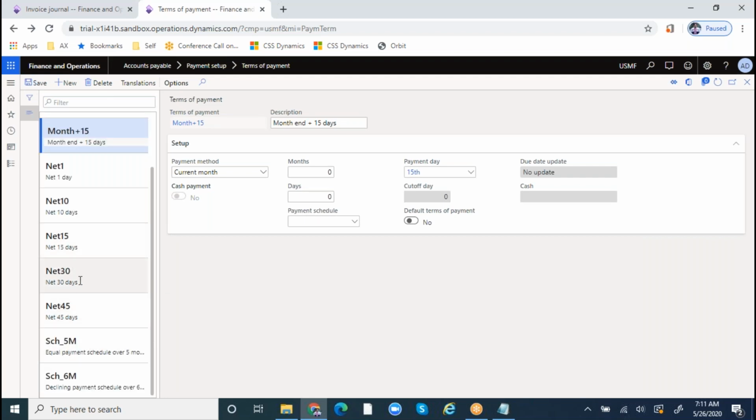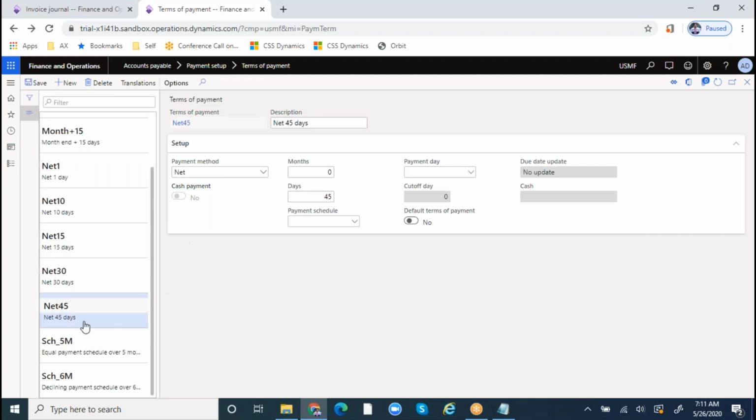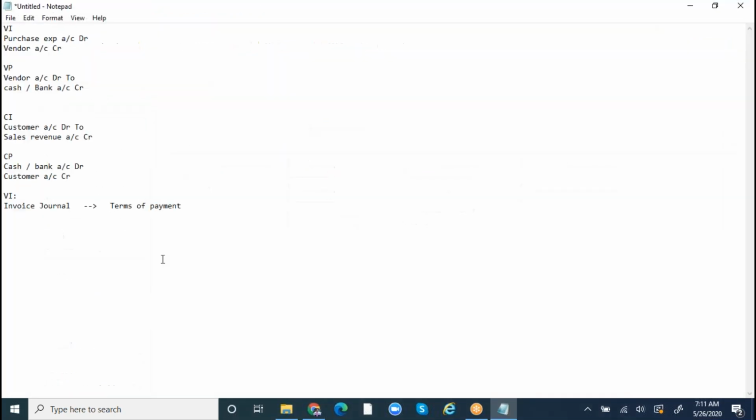I'm taking, suppose, net 45 days. I want to explain terms of payment a little more. There is 45 days and another one is 1 month 15 days.